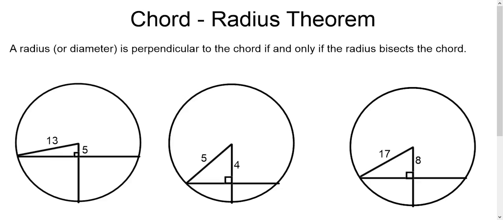So a radius is perpendicular to the chord if and only if the radius bisects the chord. Remember that if and only if means it's true either way. If you know one of those pieces of information, the other piece is also true. So if it's perpendicular, then it bisects, and if it bisects, then it's also perpendicular.